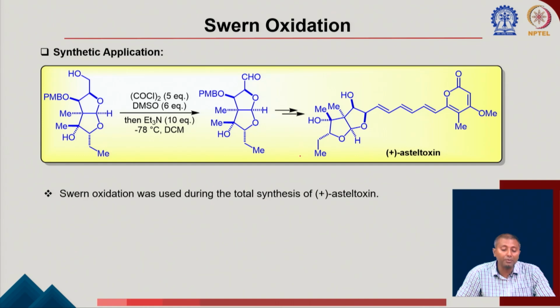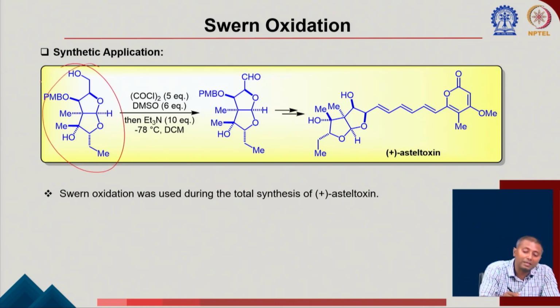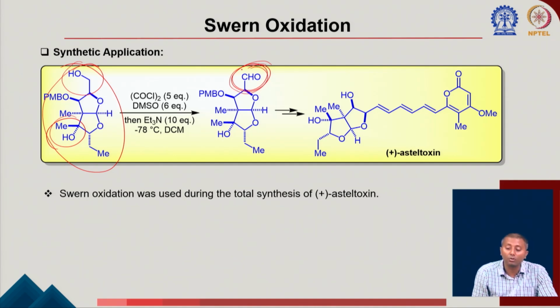Some more examples here: you can see there are some sensitive functional groups in this molecule. There is a tertiary alcohol here, there is a primary alcohol here, and by Swern oxidation you can selectively oxidize this. Again, this is a tertiary, so only the primary alcohol is getting oxidized. But not only that, you can see this is the linkage here, correct?